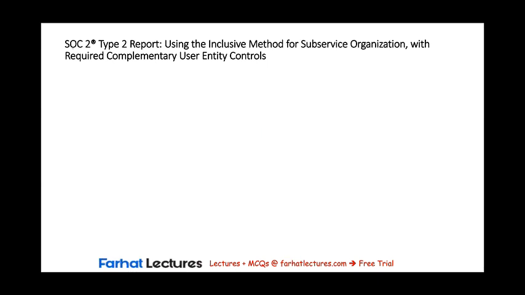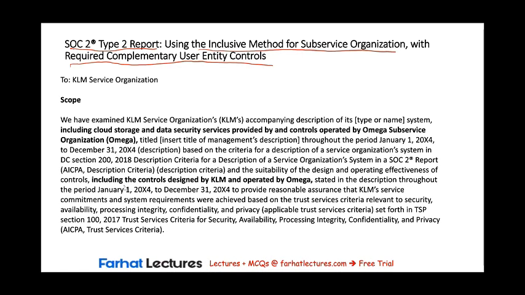Moving on to the SOC 2 Type 2 report, but using the inclusive method for the subservice organization instead of the carve-out method, and we're still assuming we have required complementary user entity controls. As you would expect, in the scope section, there are a lot of changes.